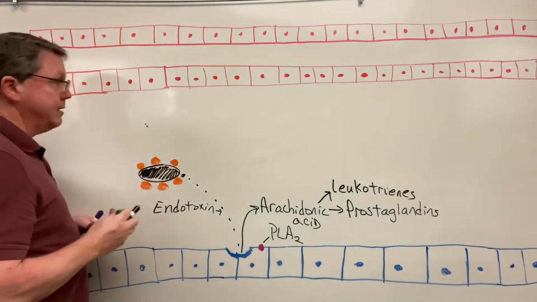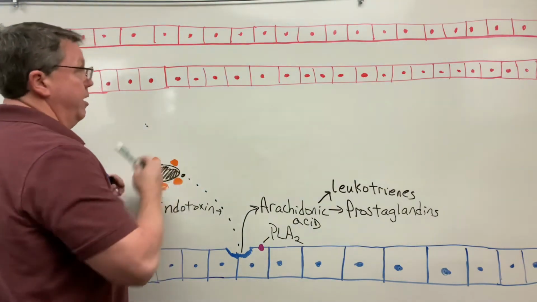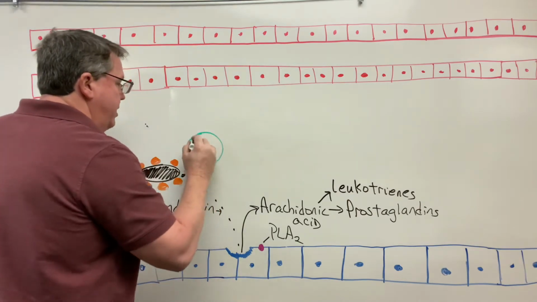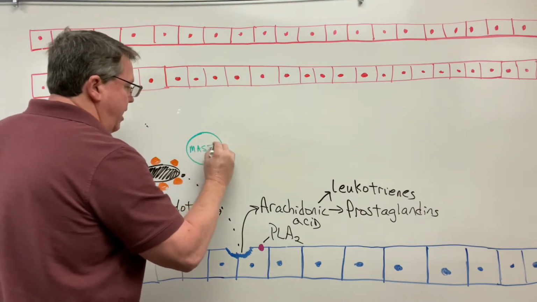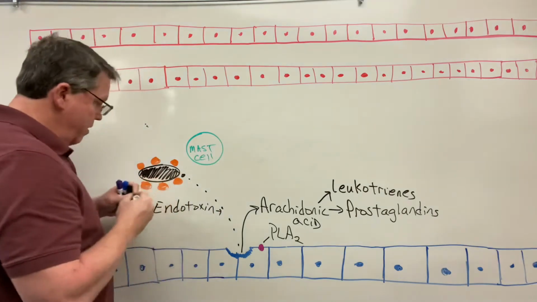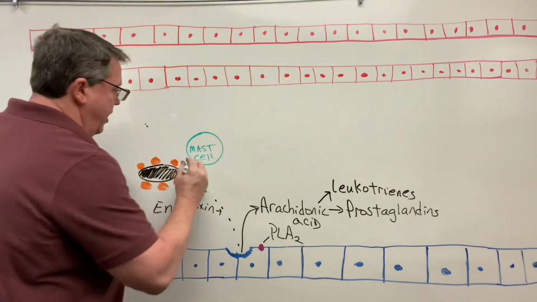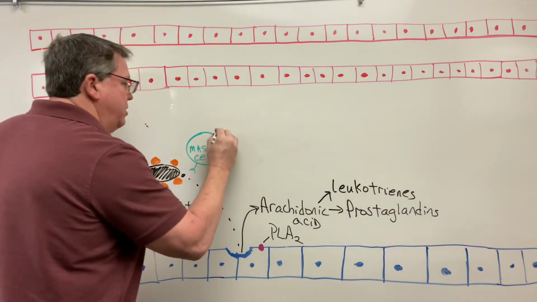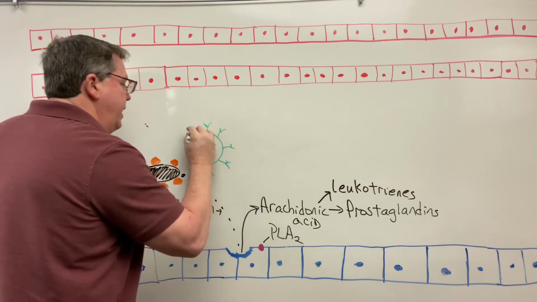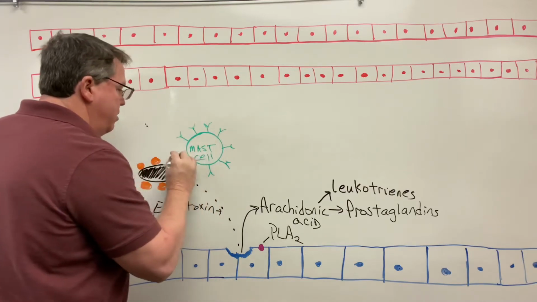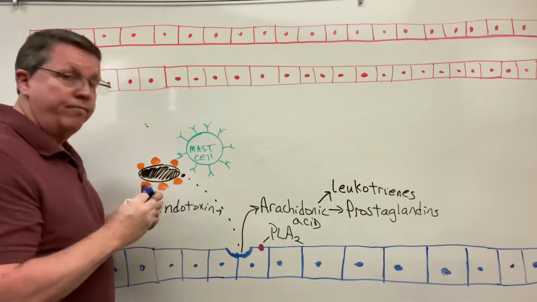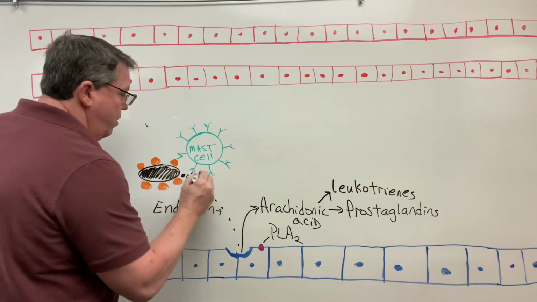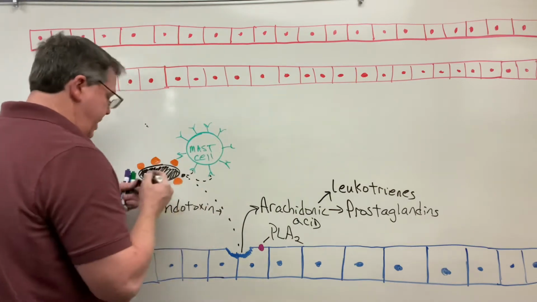Now, the other thing that's going to happen is inside the interstitial area, it could be in the bloodstream too, but in this case we're going to say in the interstitial area, you have a type of cell called a mast cell. It has receptors on it, so these endotoxins can either try to destroy the mast cell, or they could actually bond with these receptors on the mast cell.